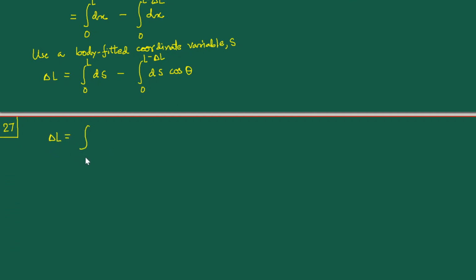Delta L is equal to 0 to L ds minus, okay, now this ds, you please note, it's something like this, that if I consider a little infinitesimal length of the bent beam, so this is my ds, this here is my dx, and this part, okay, how much it has deflected, that will be given by dw.